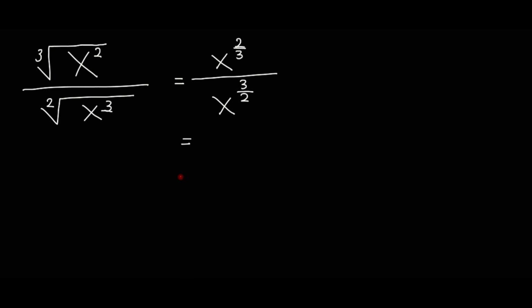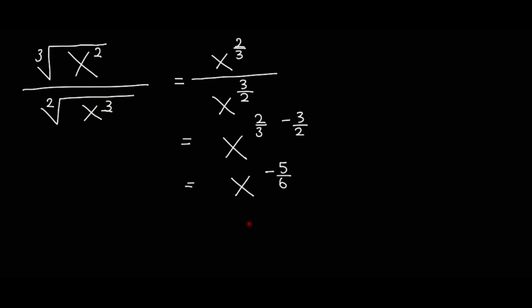According to laws of exponents, when we divide and we have the same bases, we write the base once and then we minus the exponents, the top one minus the bottom one. This means we have x to the power 2 over 3 minus 3 over 2, and then 2 over 3 minus 3 over 2 is negative 5 over 6.